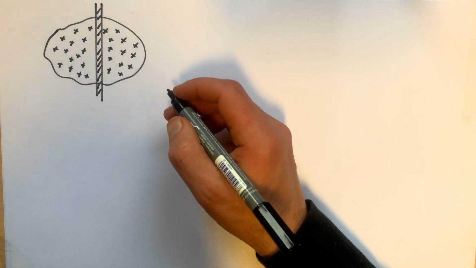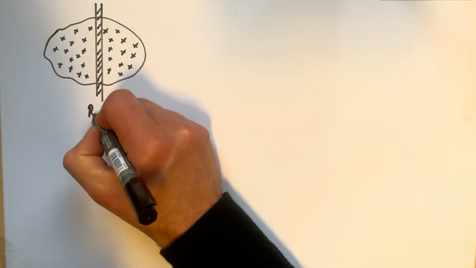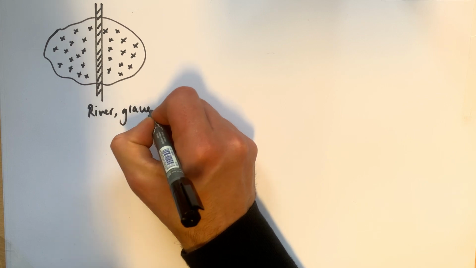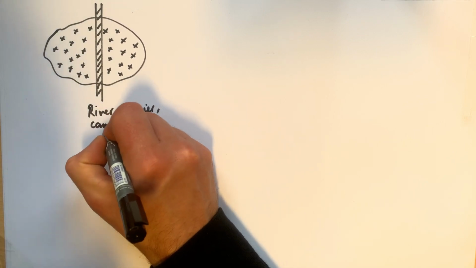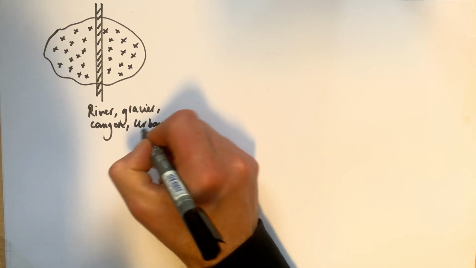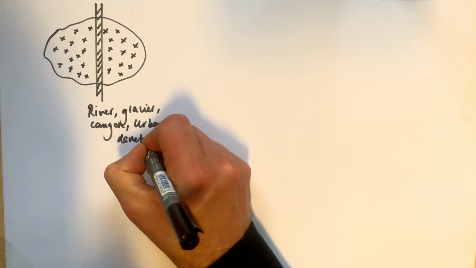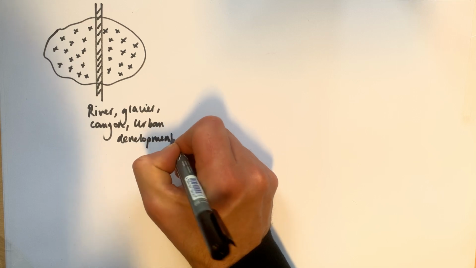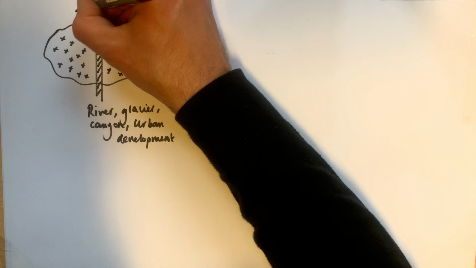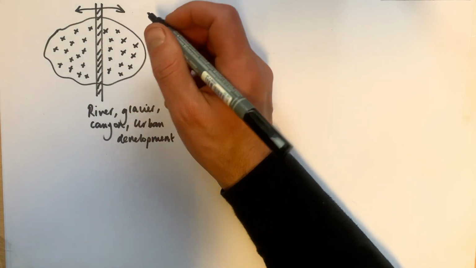And the physical barrier could be anything from a river that forms over time, a glacier maybe, a canyon, some urban development. And it's really anything that prevents gene flow. So here, normally we'd have gene flow between all the individuals of the population.